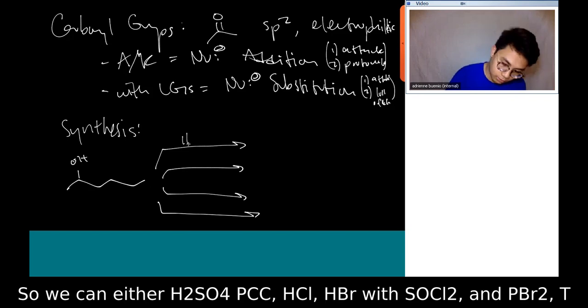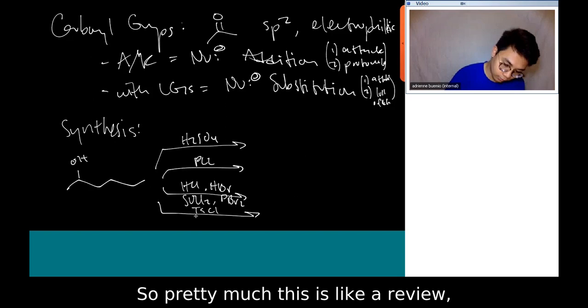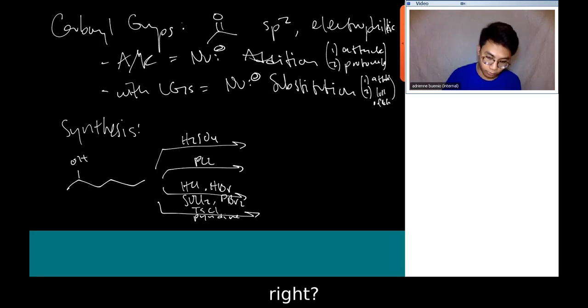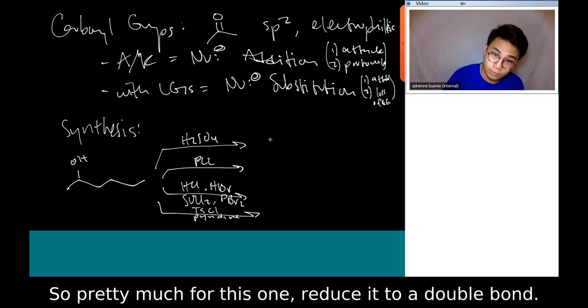We can use H2SO4, PCC, HCl, HBr with SOCl2, and PBr3, TsCl, pyridine. So it's like a throwback of the reagents we've seen before, right? So pretty much for this one, reduce it to a double bond.